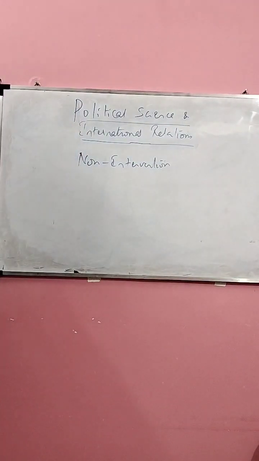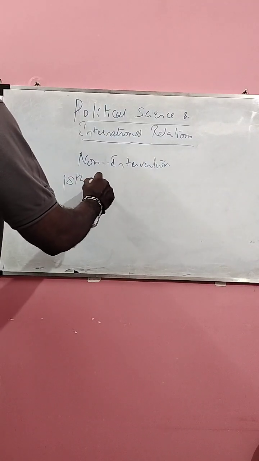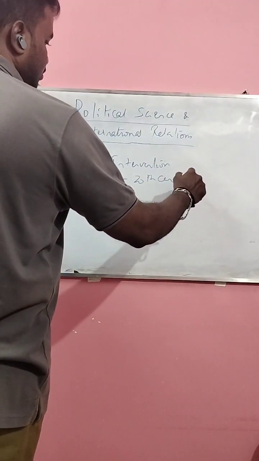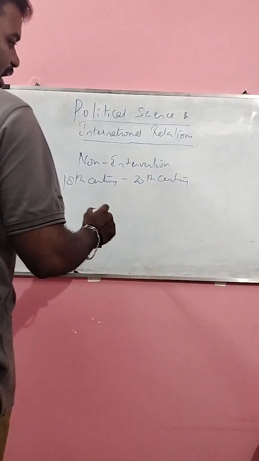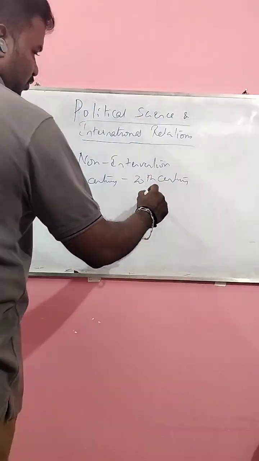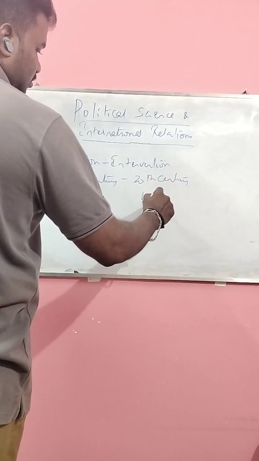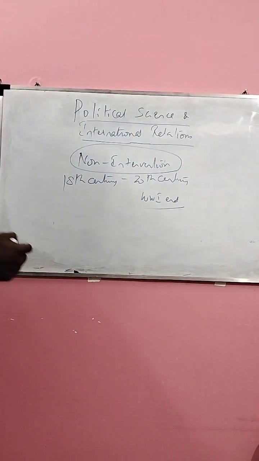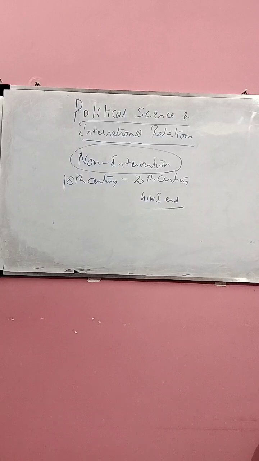Right from the independence of US in the 18th century till the early 20th century, roughly after the end of the First World War, US's policy was non-interventionism. What is non-interventionism? Starting from the first president of US till Woodrow Wilson, non-intervention was the ideal.